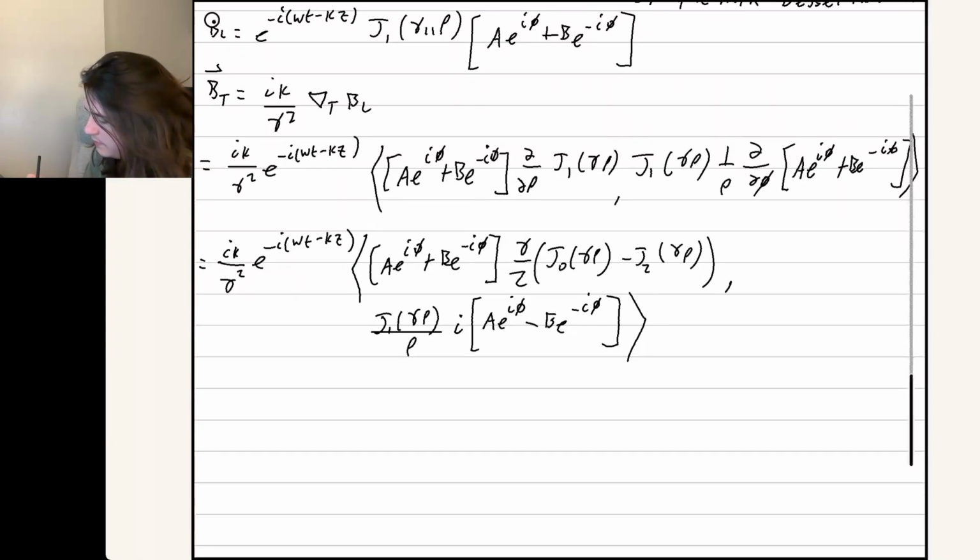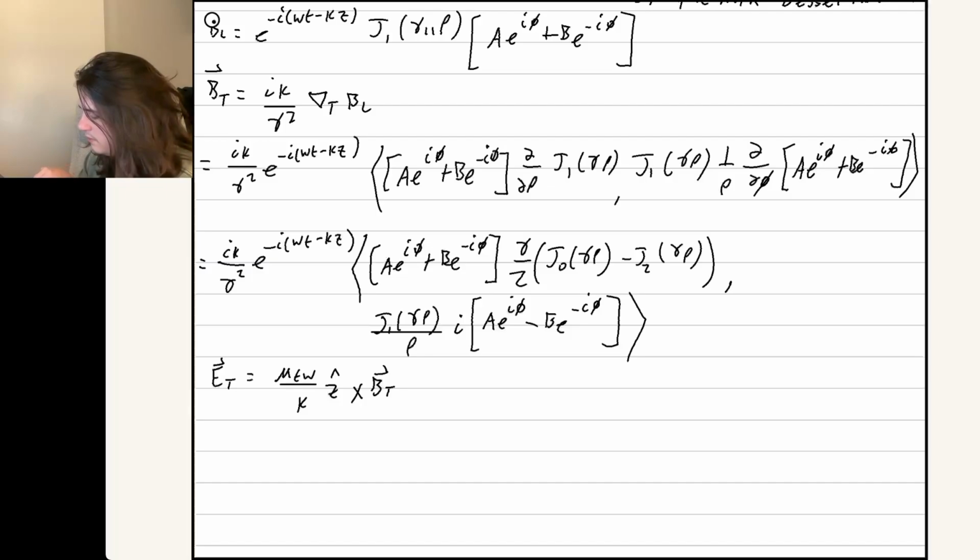Then your transverse electric is going to be mu epsilon omega, or k, z hat cross B_t, right? Yeah.